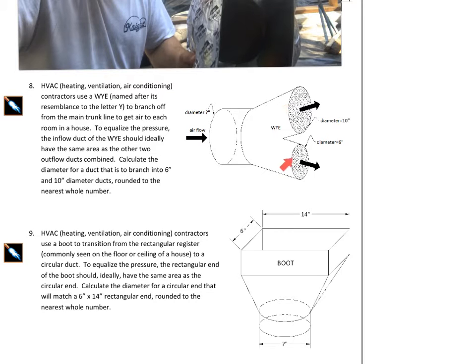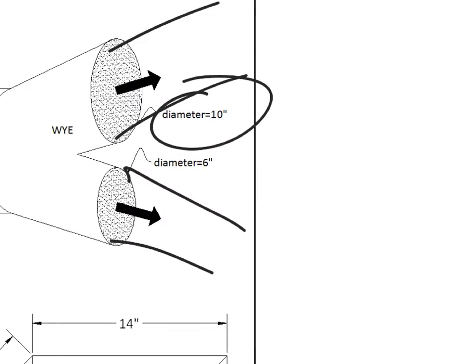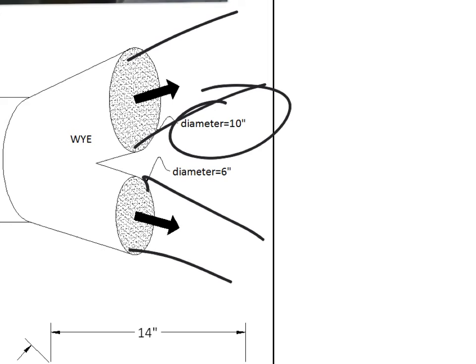So here we've got a split, okay? This is coming from a round tube, coming in here, and it's breaking off into two round tubes, okay? And the two round tubes have a diameter of 10 and a diameter of 6. So what we need to do is find the areas. Well, area is pi r squared.